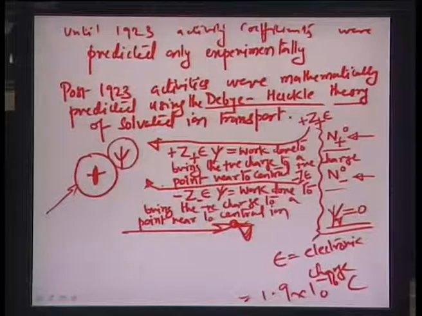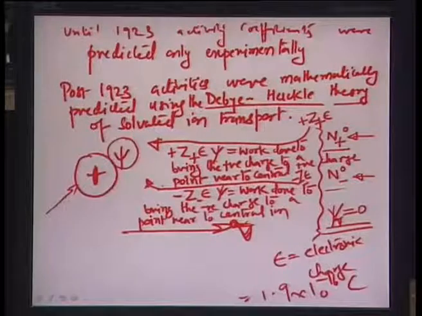Of course, you have to do positive work in order to bring the positive charge to the positive center, and automatically the negative charge would come by attraction onto the positive center. So, basically the system will automatically do the work.